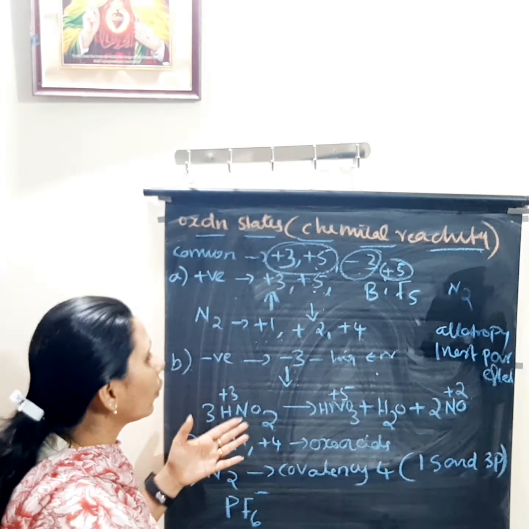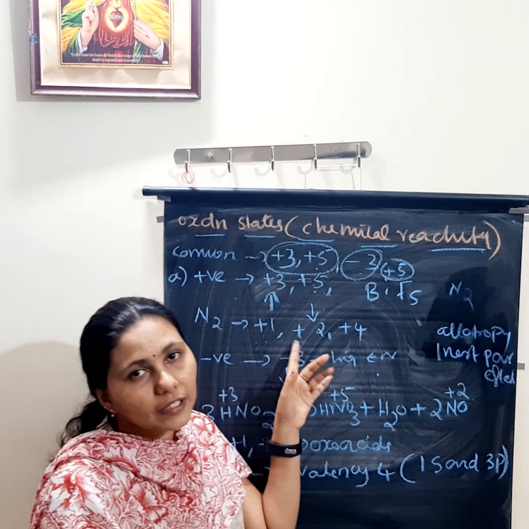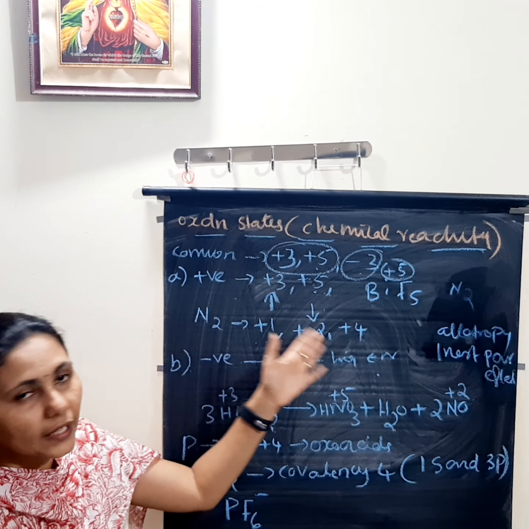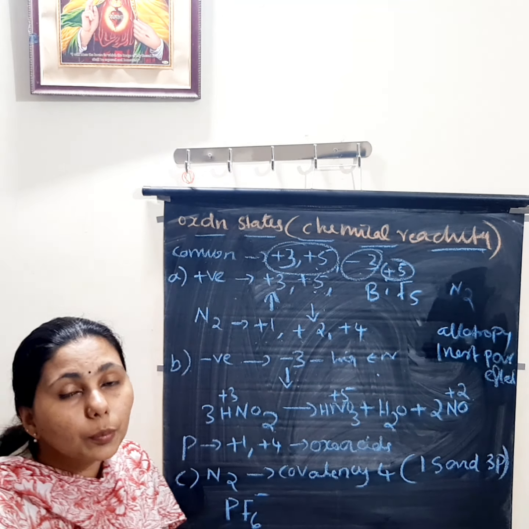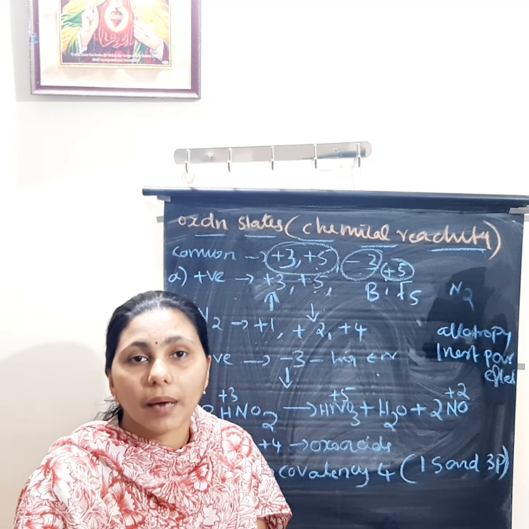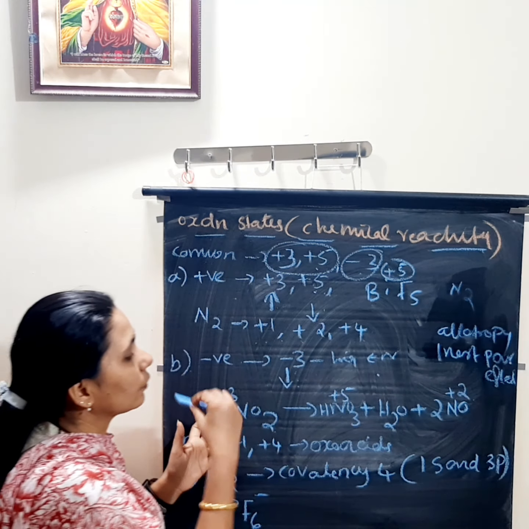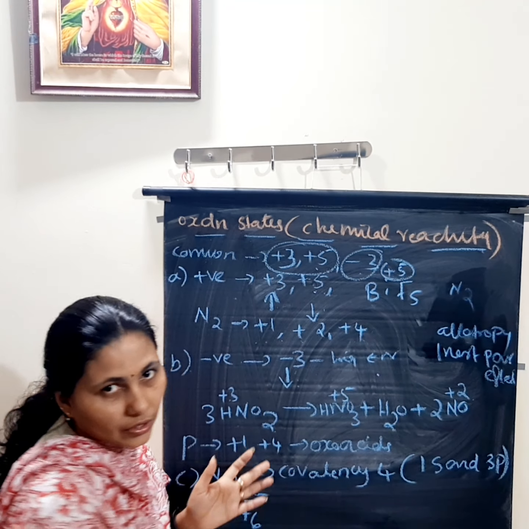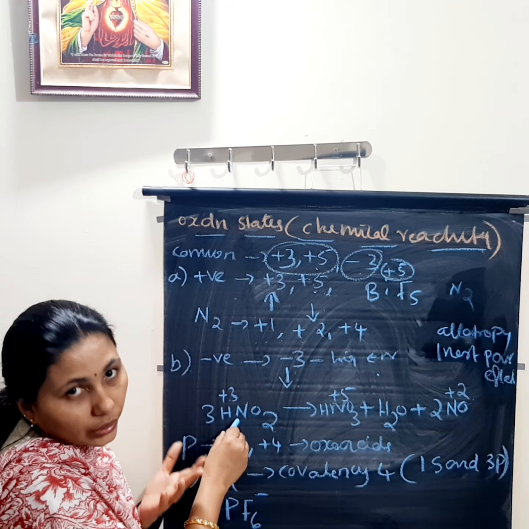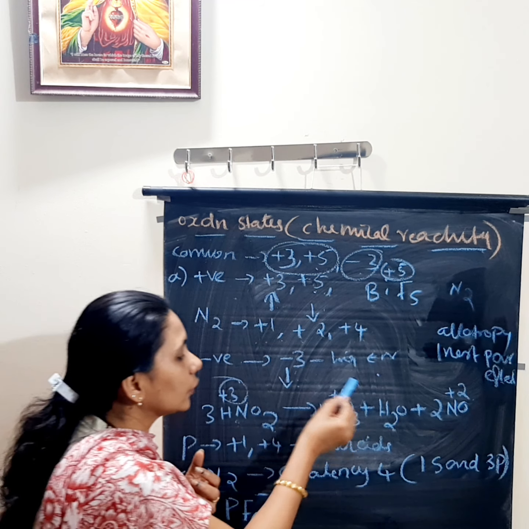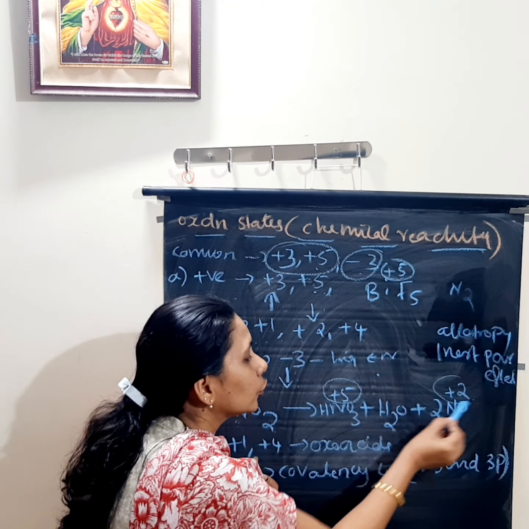I already told you, nitrogen has +1, +2, +4. These oxidation states from +1 to +4 will undergo disproportionation in which medium? Acidic medium. Disproportionation means one oxidation state is converted to other oxidation states. For example, in HNO3, an acidic solution, nitrogen +3 is converted to +5 and to +2.